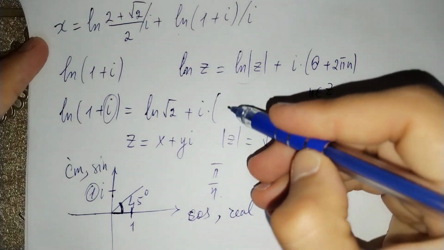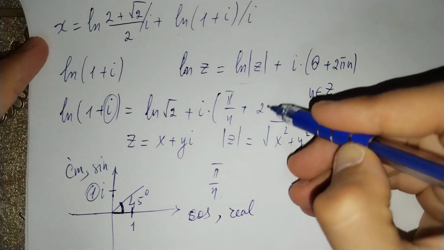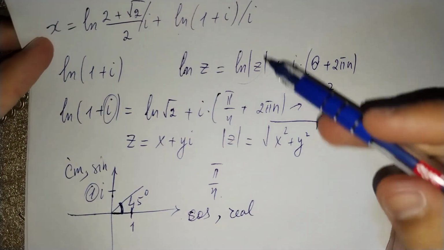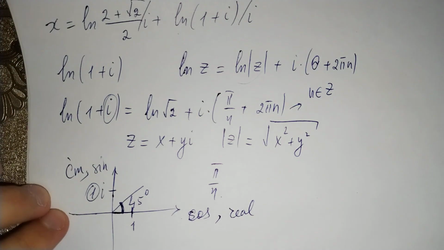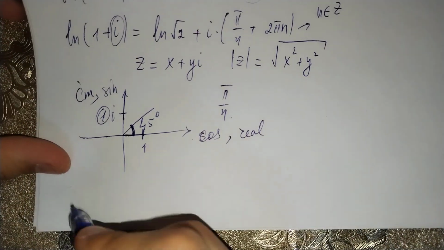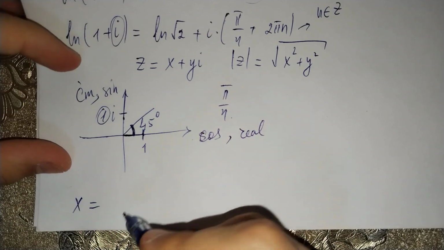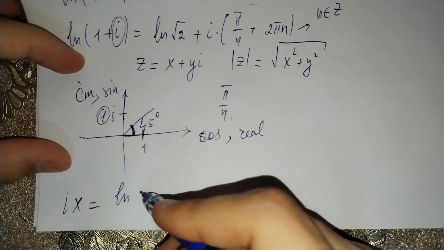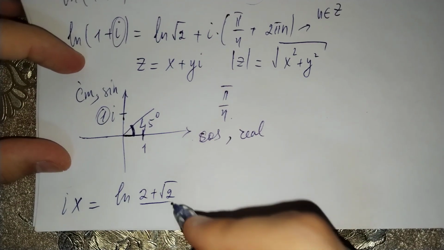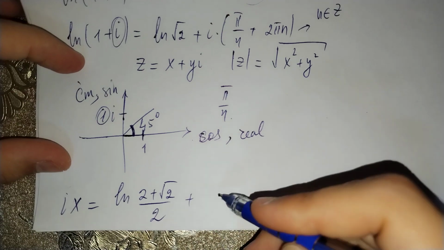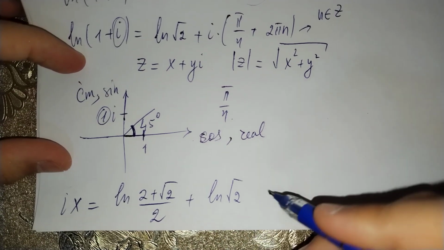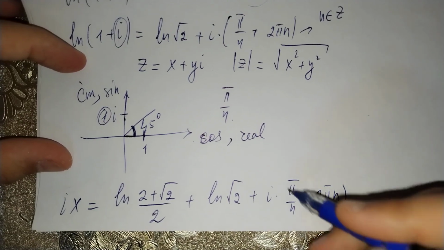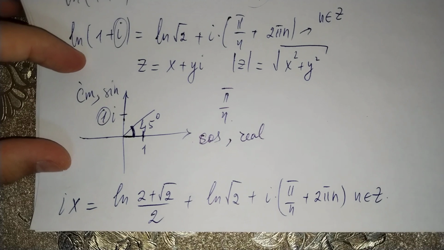And here i times (pi over 4 plus 2 pi n), and n belongs to the integers. Now let's put it above. i times x is equal to ln of (2 plus square root of 2) over 2 plus ln square root of 2 plus i times (pi over 4 plus 2 pi n), where n belongs to the integers.